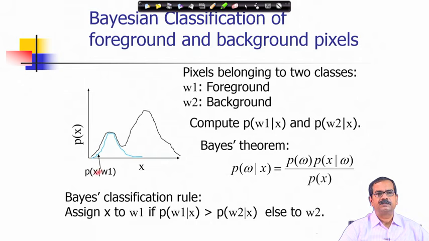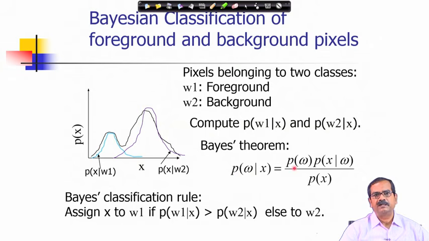This is the probability distribution of the pixel x given that they are coming from class W1. Similarly, for the background class, we can consider another probability distribution, which would be the probability distribution of x given W2. These probabilities are called likelihoods, and they can be computed easily rather than computing this directly.